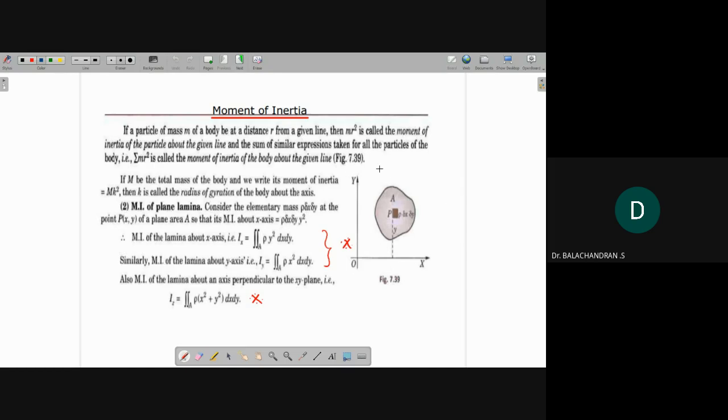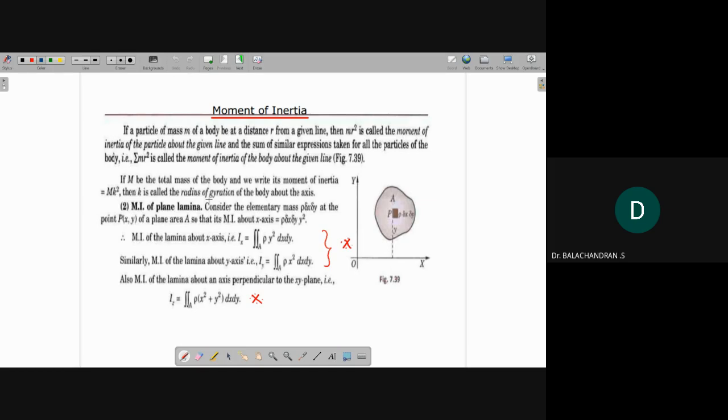That is explained in this figure. If capital M is the total mass of a body, we write its moment of inertia as M k square, where k is called the radius of gyration of the body about the axis.